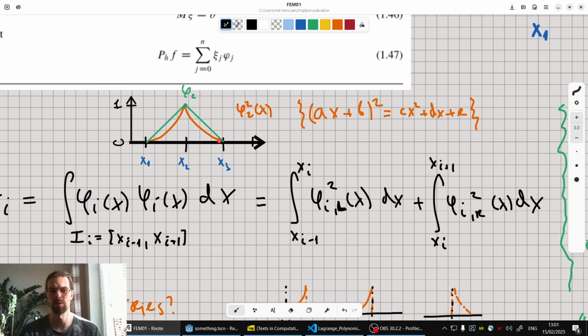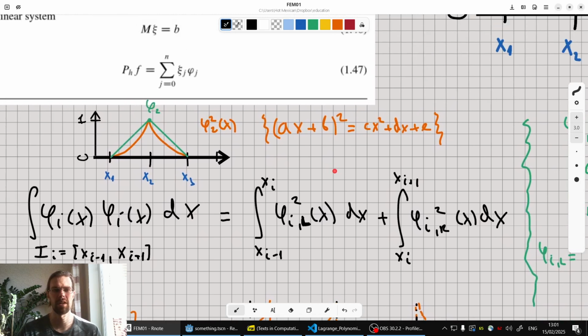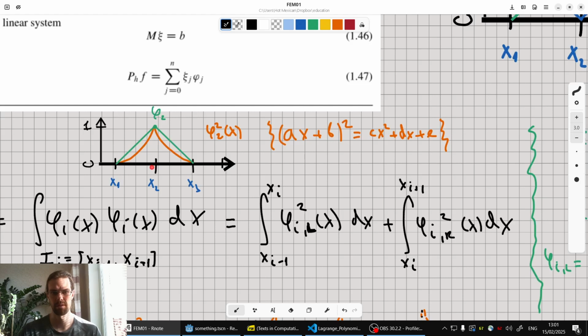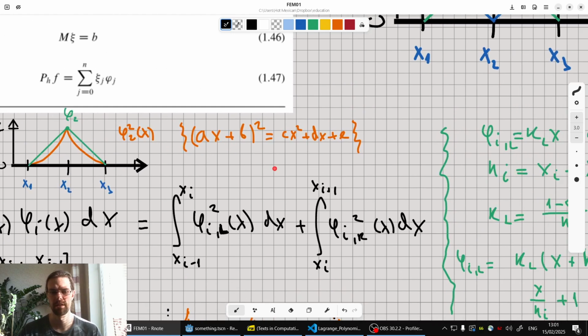Also it is a piecewise function, piecewise linear, and so its square will be piecewise quadratic. So you say, okay, I have to split it into two segments and then calculate the areas.